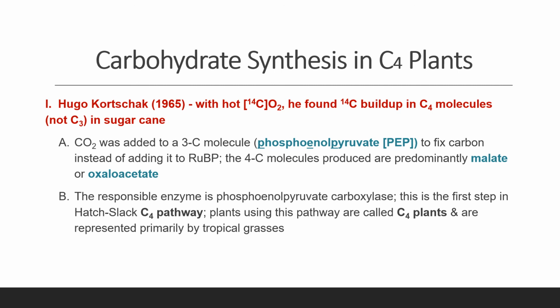Further analysis revealed that these 4-carbon compounds, predominantly oxaloacetate and malate, resulted from the combination of carbon dioxide with phosphoenolpyruvate or PEP, and thus represented a second mechanism of fixation of atmospheric carbon dioxide.